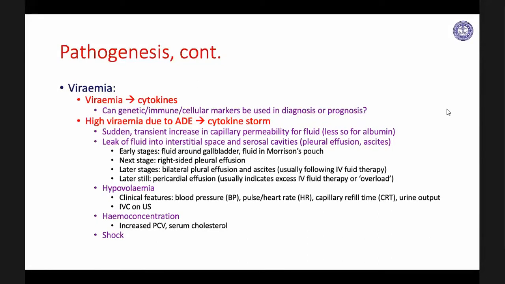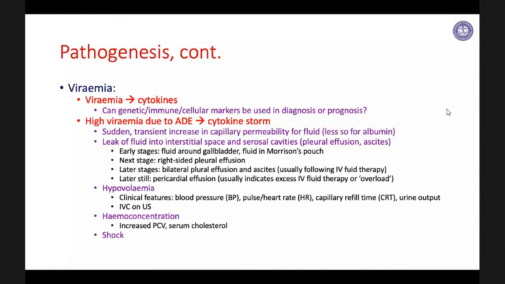In the very later stages, the patient can also develop pericardial effusions, usually due to excess IV fluid therapy, what we call overload. So the degree of leakage can vary from a very mild amount, such as when you see only fluid around the gallbladder and Morrison's pouch, to a reasonable level where they may have a right-sided pleural effusion, to even more leakage, especially if you give IV fluids, giving rise to bilateral effusions or ascites, and even further effusions if you give volume overload, that's when you get pericardial effusion.